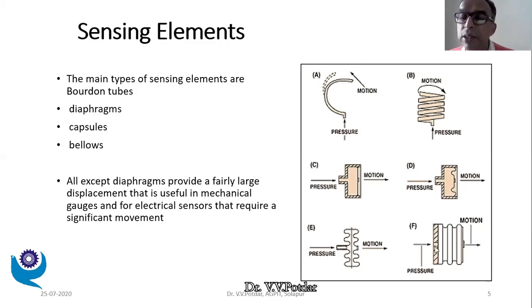So this pressure signal is getting converted into linear displacement in both the types of bellows. So these are the three elementary types of pressure sensing and transducing elements. All except diaphragms provide a fairly large displacement that is useful in mechanical cases and for electrical sensors that require a significant movement.